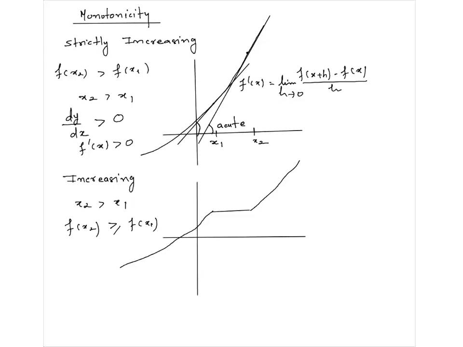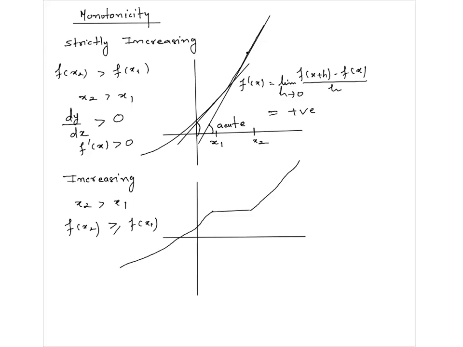So who is bigger, f of x plus h or f of x? Correct. And that means f of x plus h minus f of x is positive. h is always positive. Positive upon positive is going to be a positive answer. So f dash x is positive. So that's the definition approach, and graphical approach also I tried to explain.